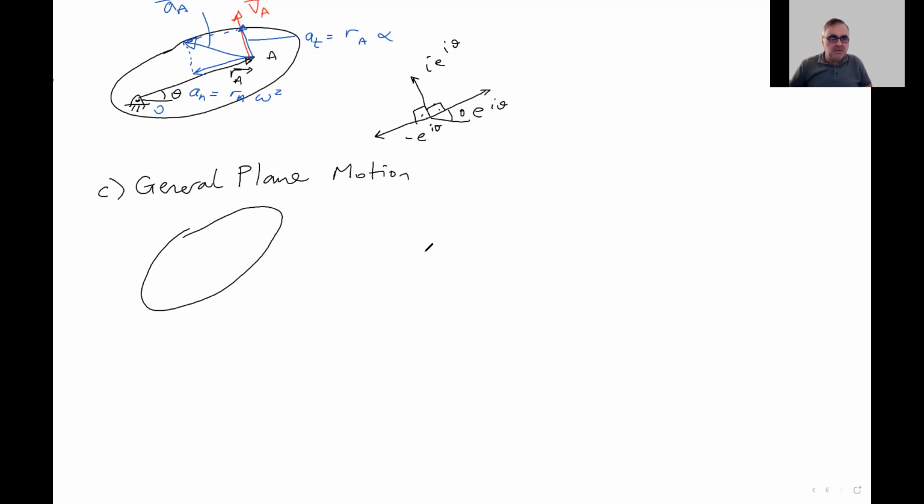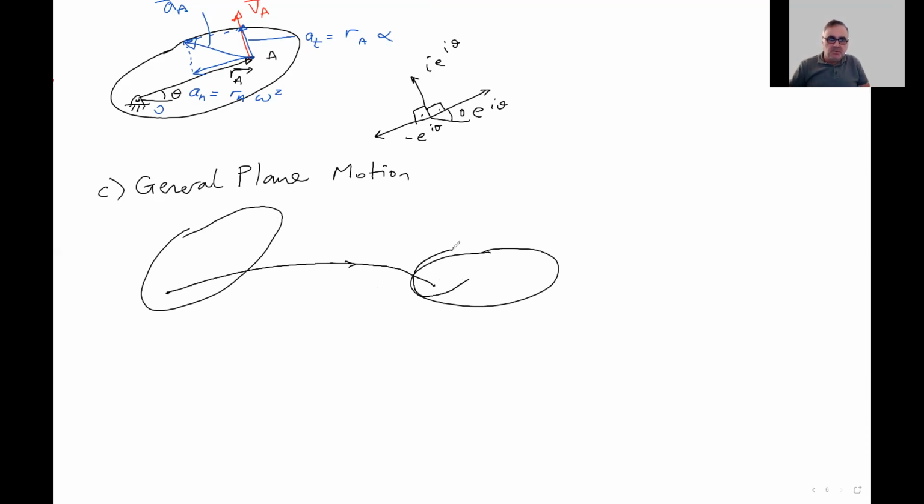Now this object comes to something like this, let's say. So what we do is, we will say that this motion can be decomposed into translation plus rotation.